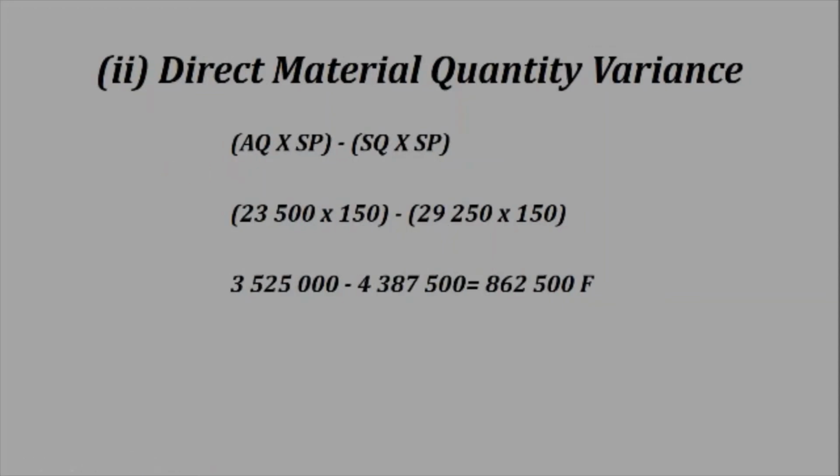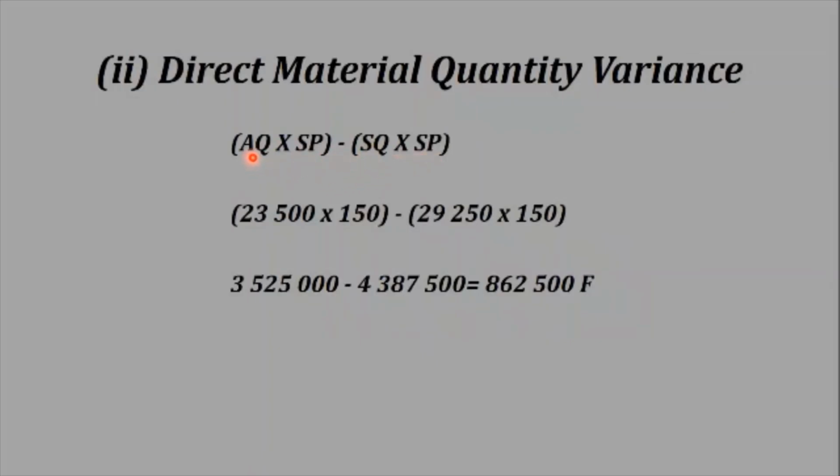Part 2, the direct material quantity variance. The formula for this one would be actual quantity multiplied by standard price minus standard quantity multiplied by actual price. This time we're dealing with the quantity, so you have the price being common to both of them, right?